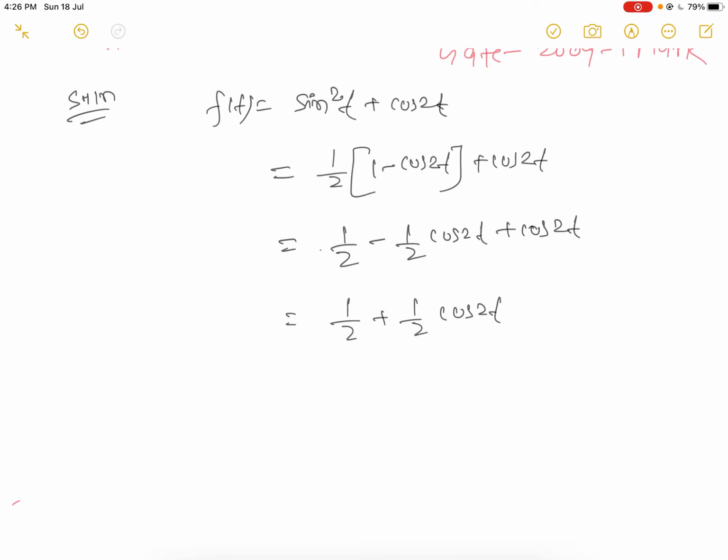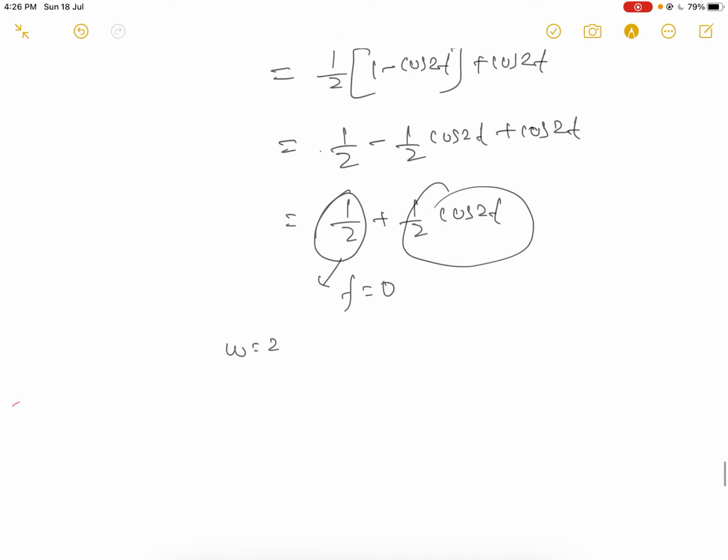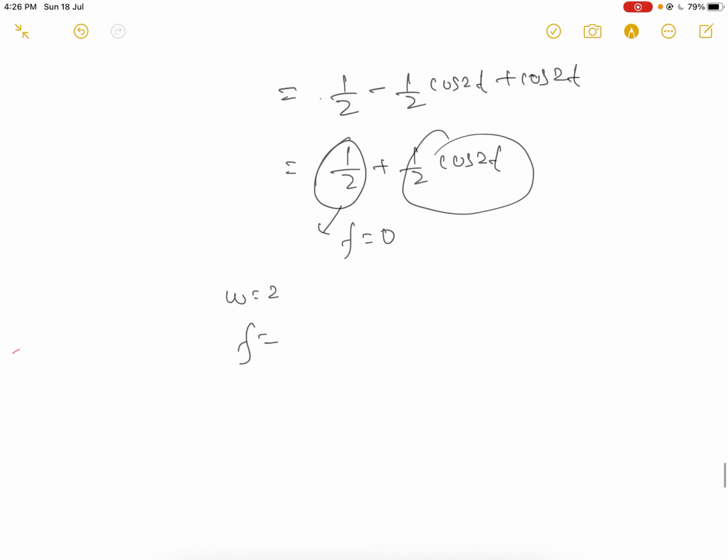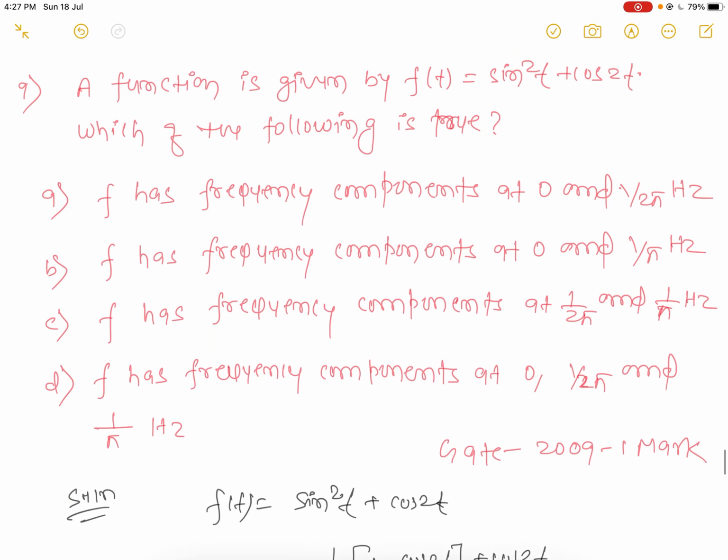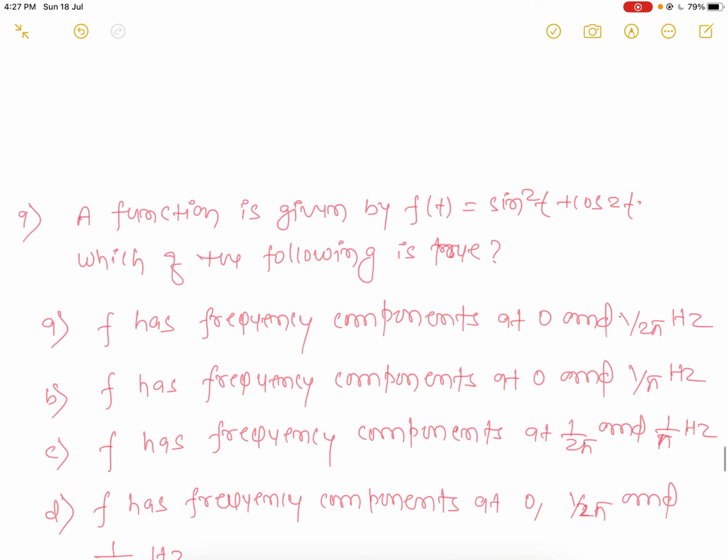So check where we will get the frequency component. Here this one is the DC signal, so the frequency will be f is equal to 0. For this one, omega is equal to 2, then f will be omega by 2 pi, so 2 upon 2 pi, which is 1 by pi hertz. So the frequency components will be 0 and 1 by pi hertz.